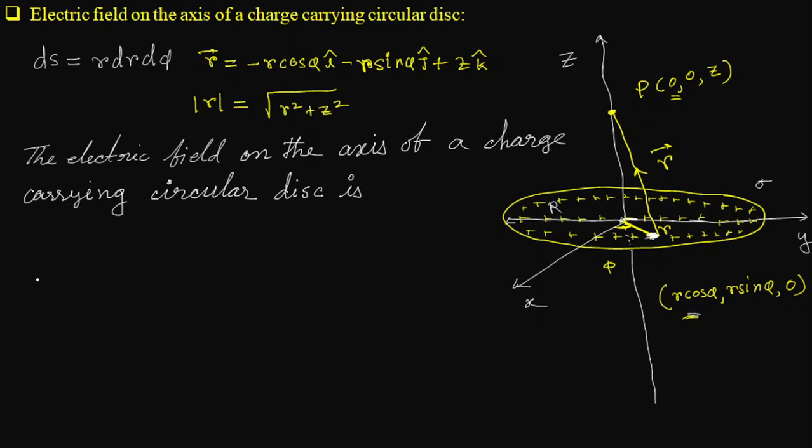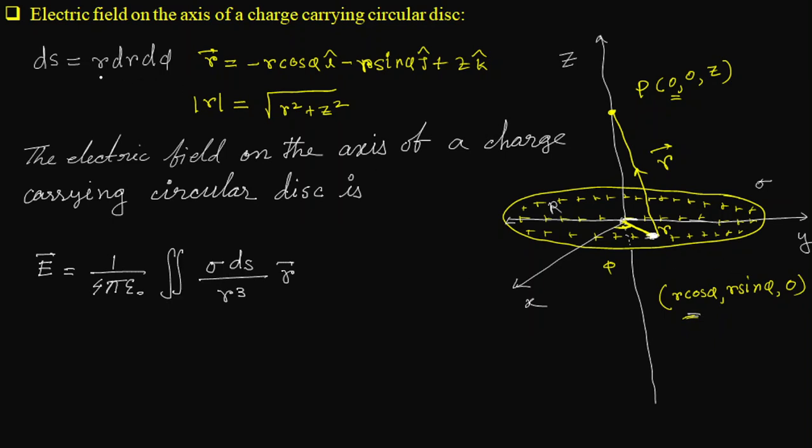E is equal to 1 by 4 pi epsilon naught, sigma ds divided by r cube into r vector, and we know what the value of ds is in this case.